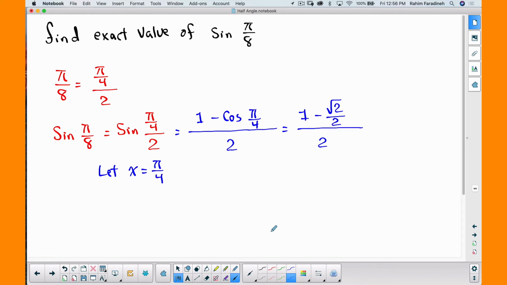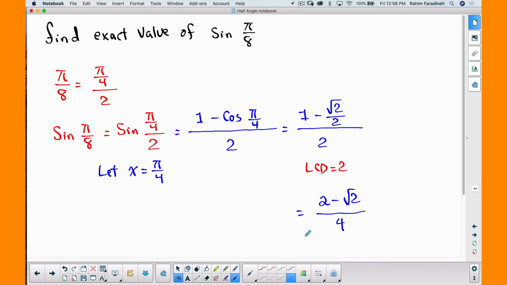So now I'm going to multiply by LCD 2. So my final answer is 2 minus radical 2 over 4.